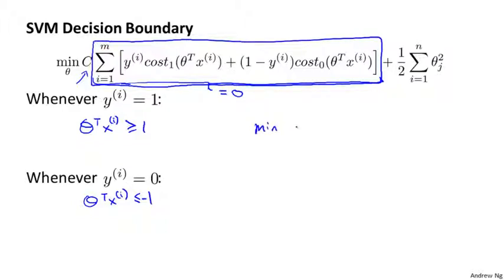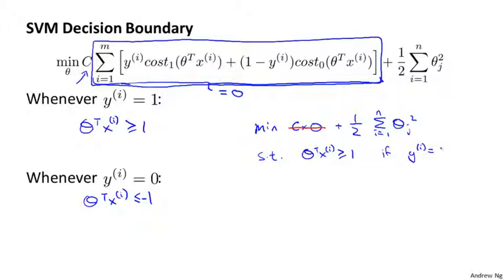We're going to minimize that first term 0, so c times 0, because we're going to choose parameters so that it's equal to 0, plus 1/2, and then that second term. And this first term, that's c times 0, so let's just cross that out because I know that's going to be 0. And this will be subject to the constraint that theta transpose xi is greater than or equal to 1 if yi is equal to 1, and theta transpose xi is less than or equal to -1 whenever you have a negative example.